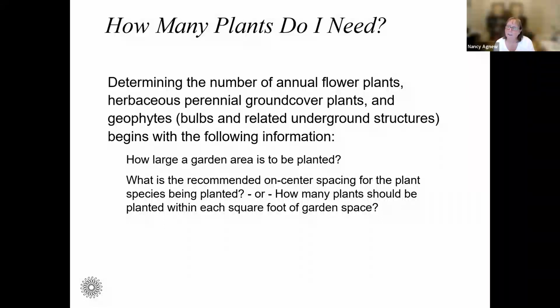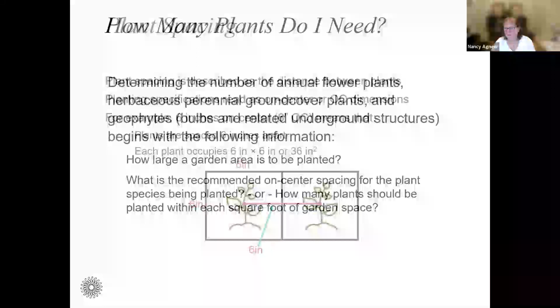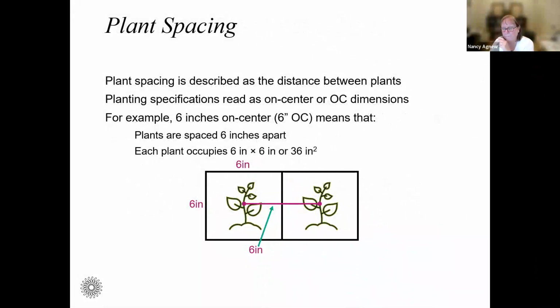And then the other thing we need is the recommended on-center spacing for the plant being planted, or another way to describe the same thing is how many plants should be planted within each square foot of garden space. So we need to know those recommendations.